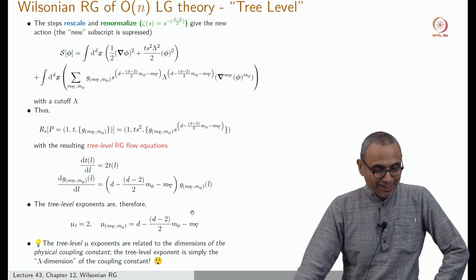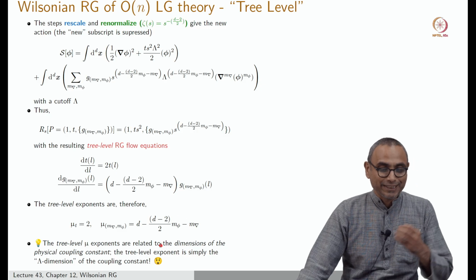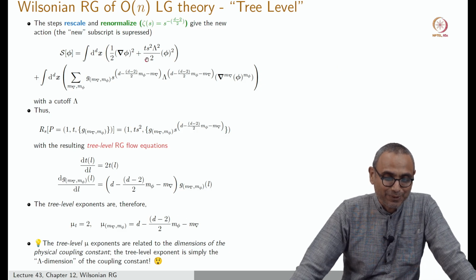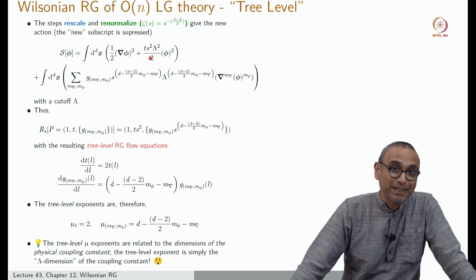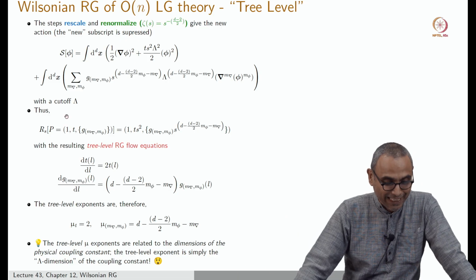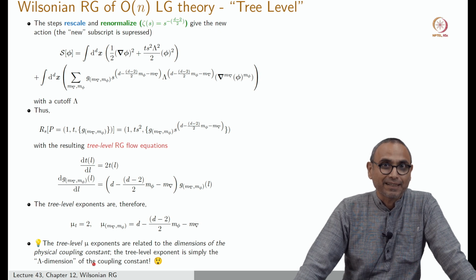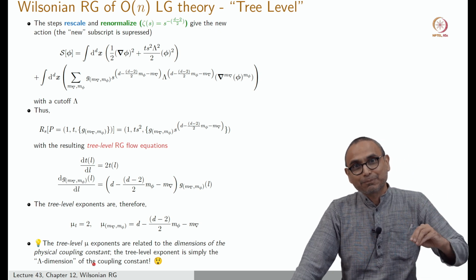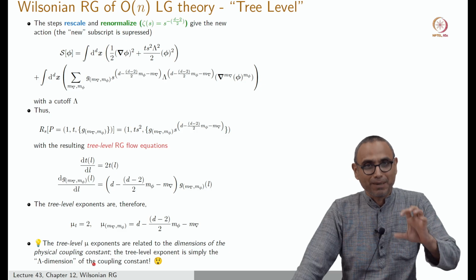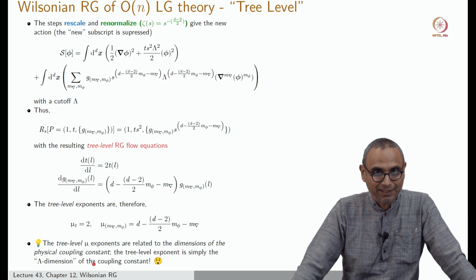So now you may wonder, what exactly are this 2 and all of this? Just a moment's thought will tell you that that is the physical dimension of the coupling constant in the momentum dimensions. So they are like the lambda dimension of the physical coupling constant. So the tree level exponents are simply what I call mass dimensions in field theory, or in our language, the lambda dimension of the field theory.